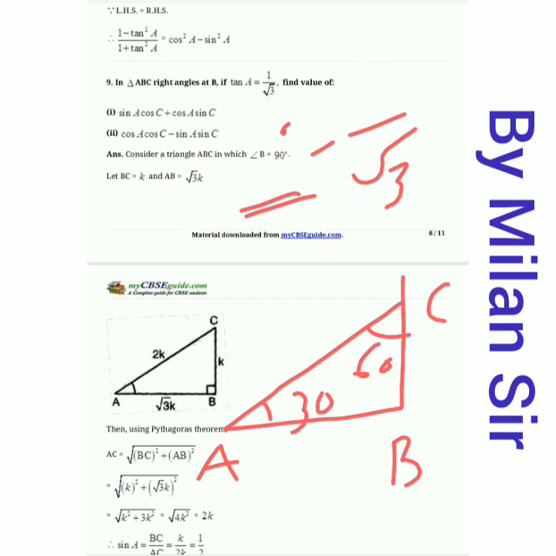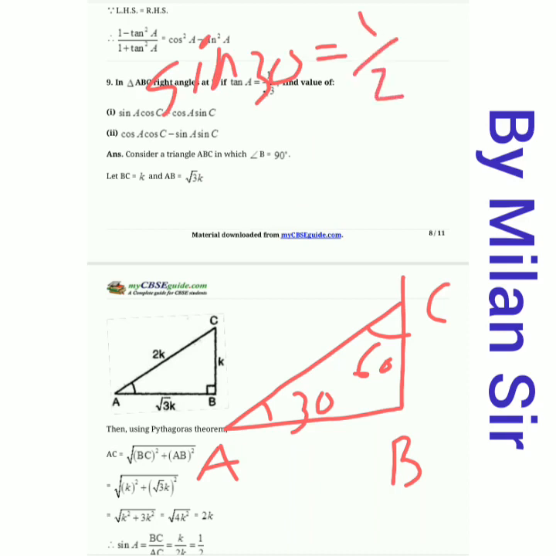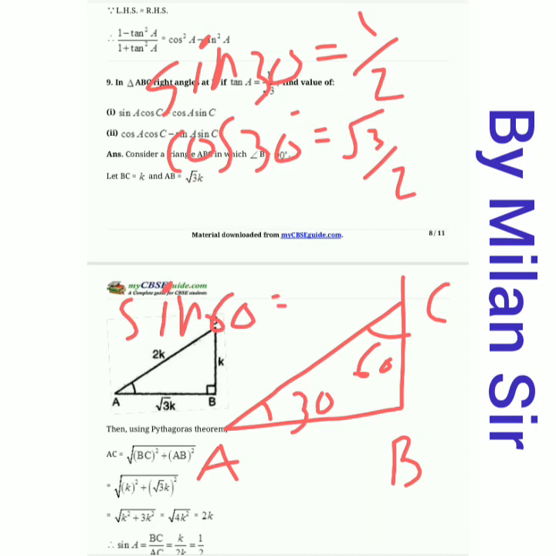That means sin A, cos A, sin C, cos C. Sin 30, so directly we can say that it's 1 by 2. And cos 30 is root 3 by 2 from that table. Then sin C, that means sin 60, it's root 3 by 2.